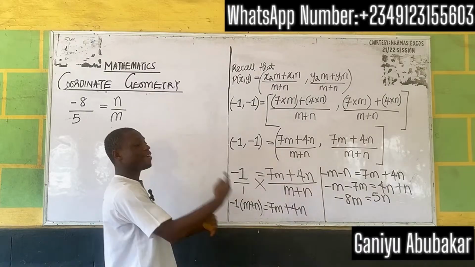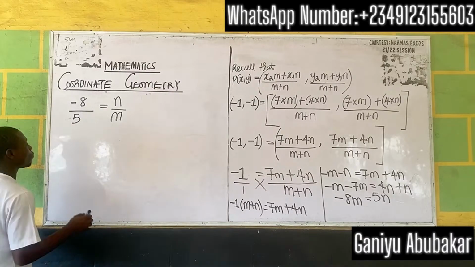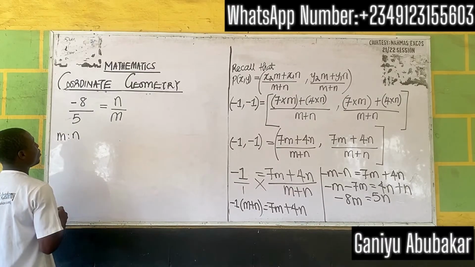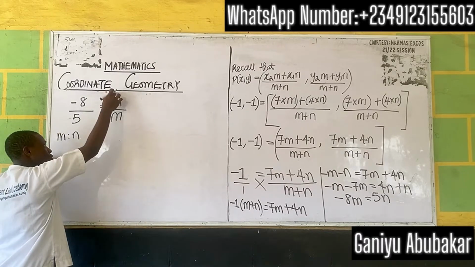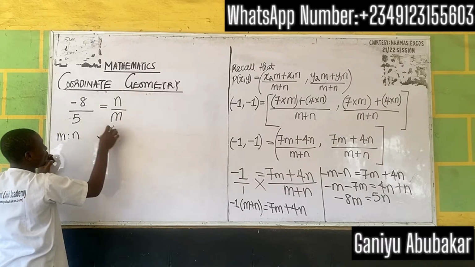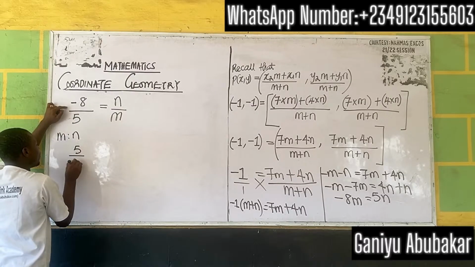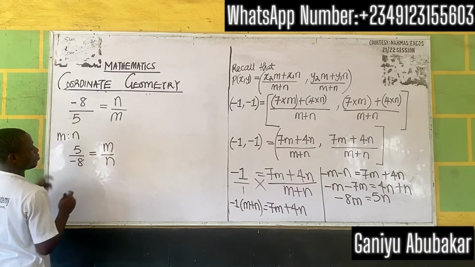I reversed back, but we know that we said the ratio is m to n. So m should be up, n should be down. So this m should move up, this n should come down. Similarly, 5 will go up, this will come down. So by having what? 5 over -8 equals m over n.